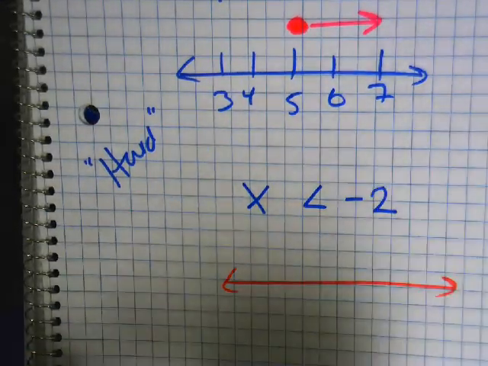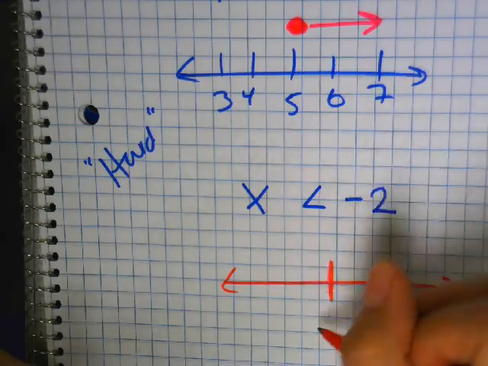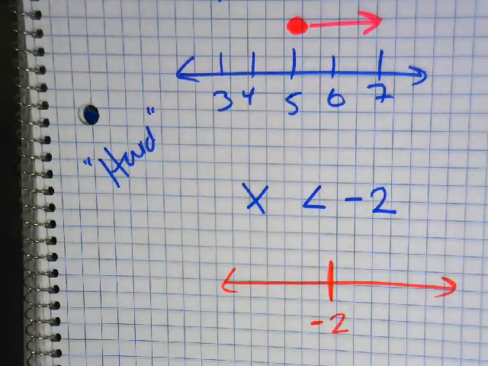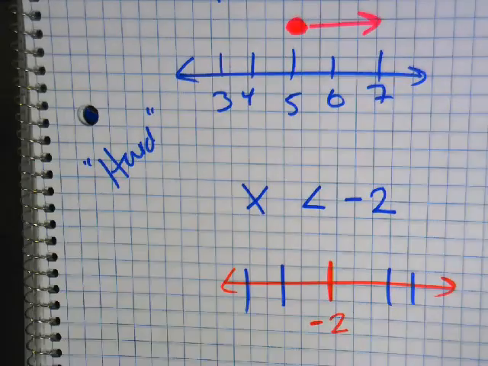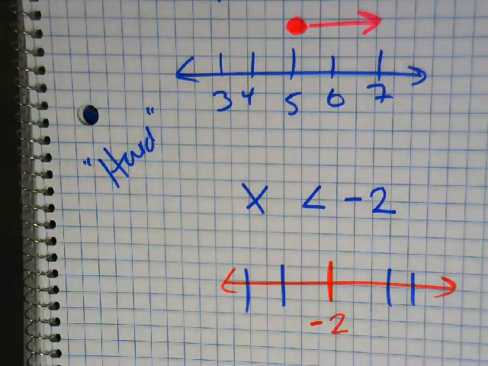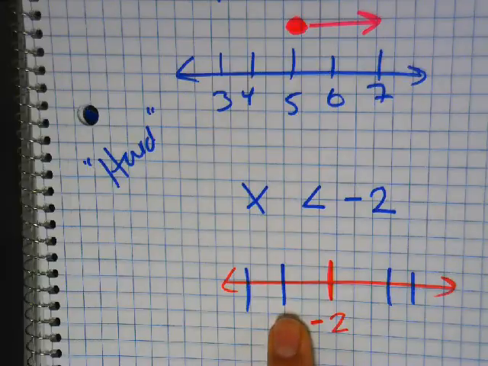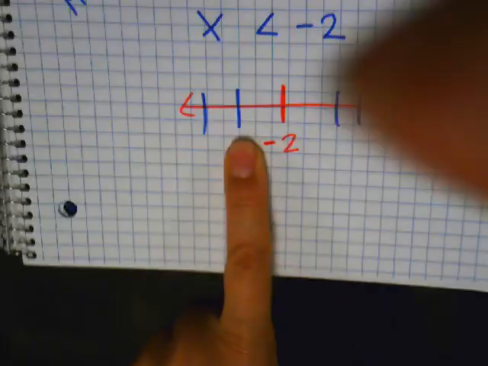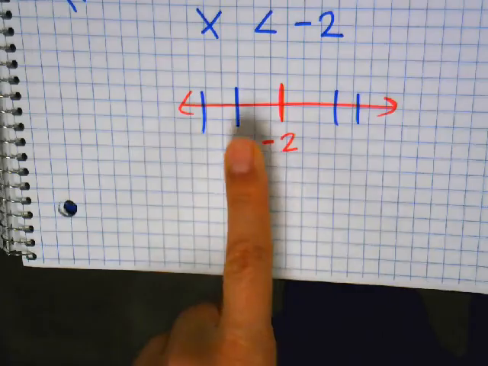Are we all done with the number line? Okay. Question. What number goes where my finger's at?